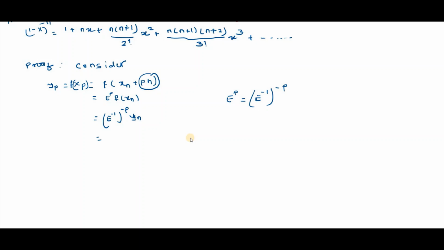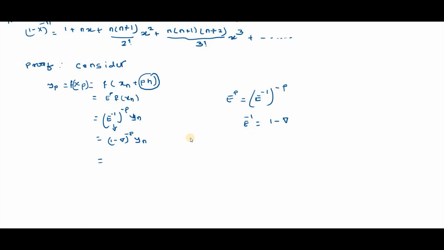This is equal to, now substitute the formula for E raised to minus 1. We know that E raised to minus 1 inverse operator is given by 1 minus del. So I will substitute, that is 1 minus del, bracket complete, whole raised to minus p, yn written as it is.